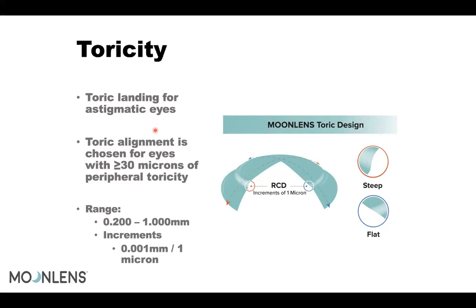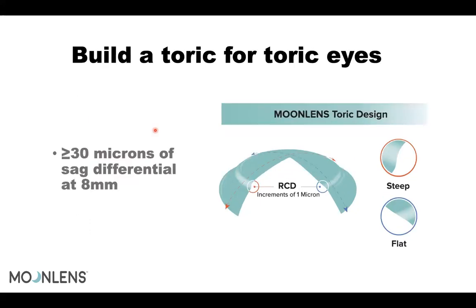You just have to put the flat K and the steep K, even if the patient has corneal astigmatism, but you only need the spherical. So like I was telling you, 30 microns of exact difference. And yeah, that's the end of the presentation.